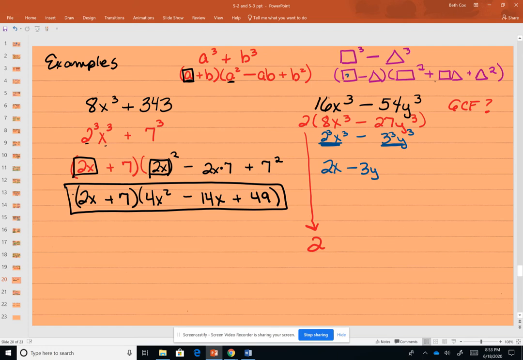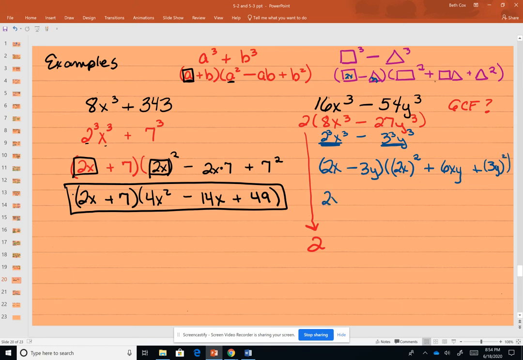Now I need my box raised to the second power, 2x to the second, plus the box times the triangle, that'll be 6xy, and then my triangle, 3y, to the second.